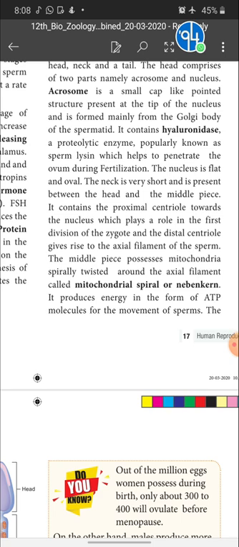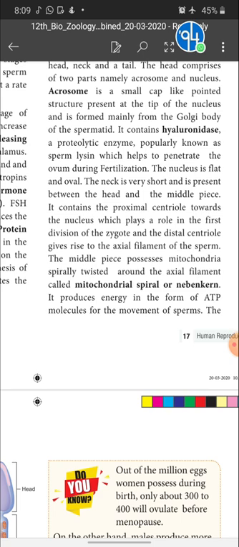So, once the sperm touches the egg, the acrosome releases an enzyme called hyaluronidase. The hyaluronidase dissolves the cementing substance hyaluronic acid, which tightly holds the egg, and loosens it and makes the way for the sperm to enter the egg.